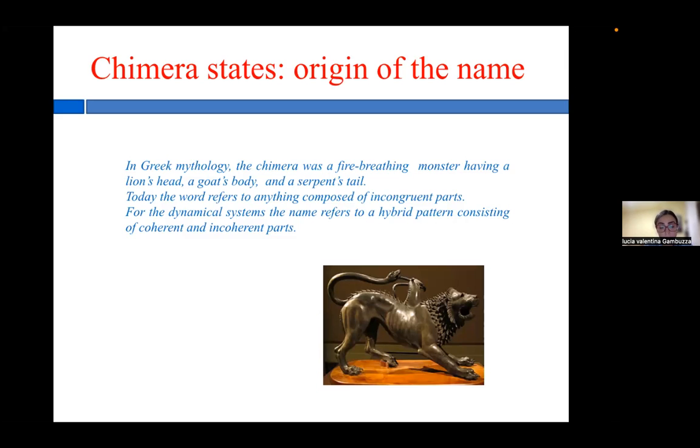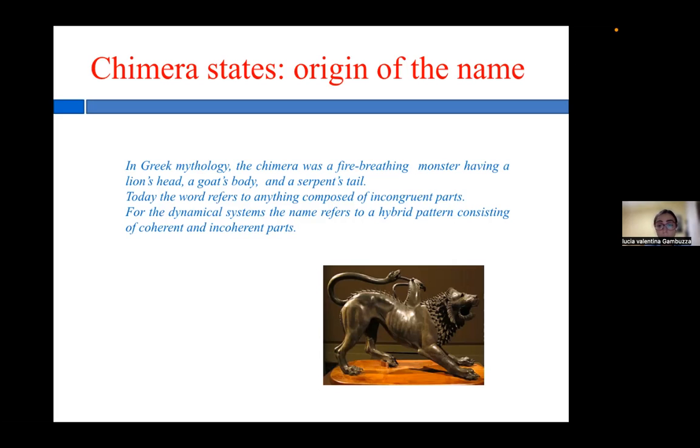So in our context, chimera state refers to the onset of a hybrid pattern in which we have the coexistence in the same network at the same time of some part of coherent nodes.